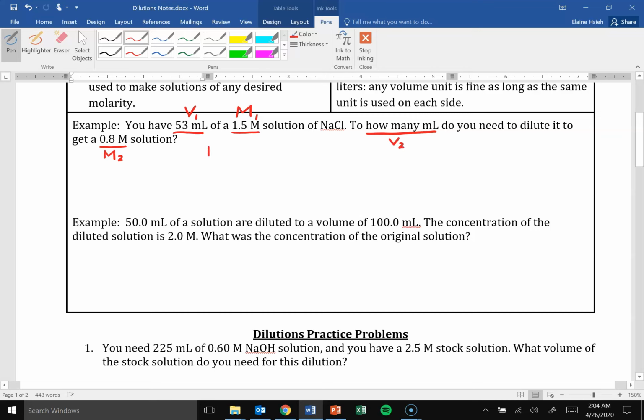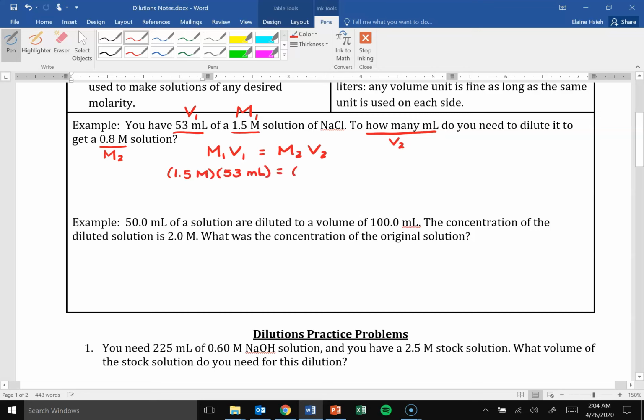The formula is M1V1 equals M2V2. So let's plug in the numbers. M1 is 1.5 molar and V1 is 53 milliliters.